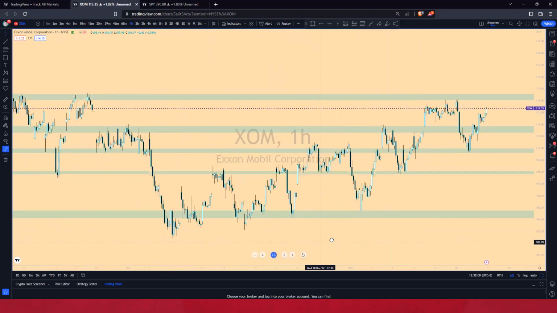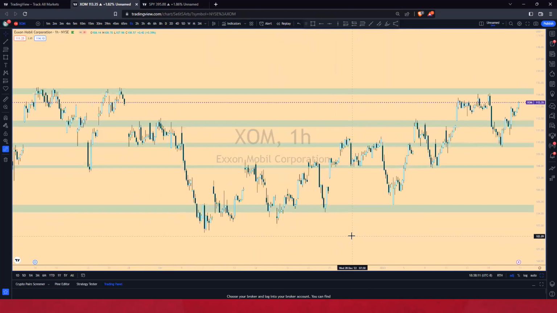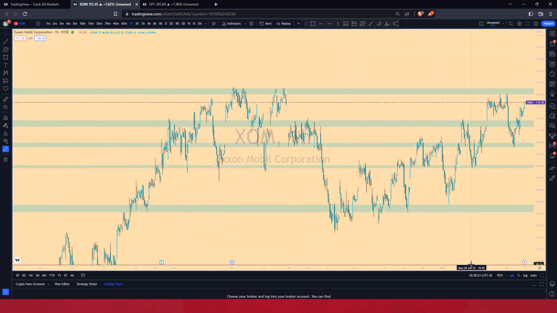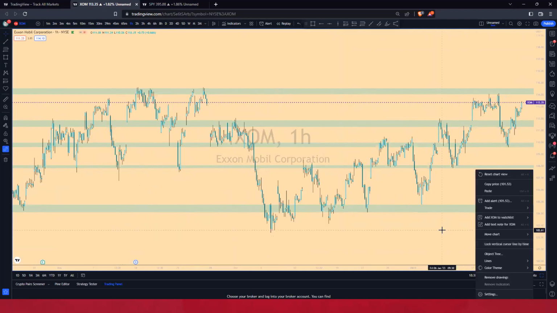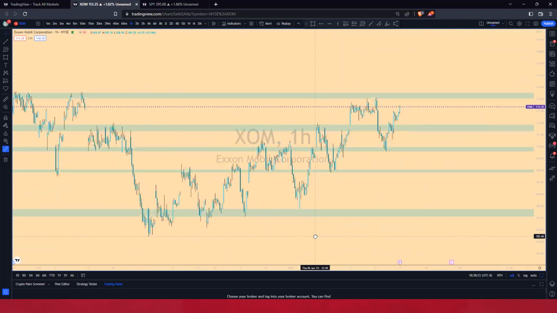So if I may ask, how would you start the day off and then do the major zones on the 1 hour and then go from there? Like, how would you pick the way you're going to trade that ticker symbol for that day?